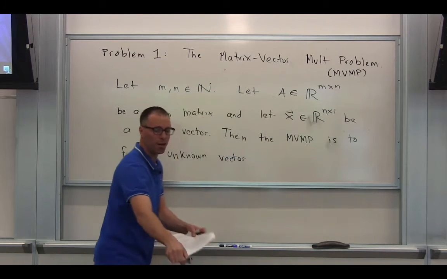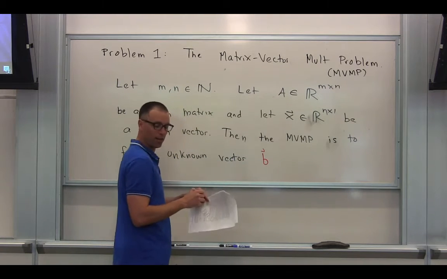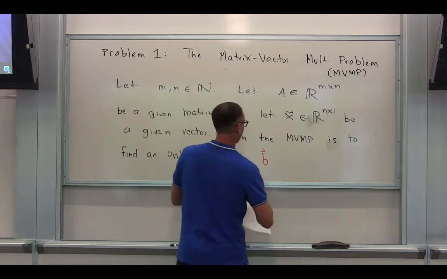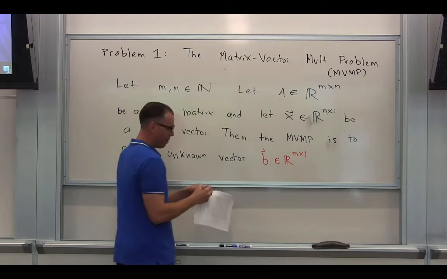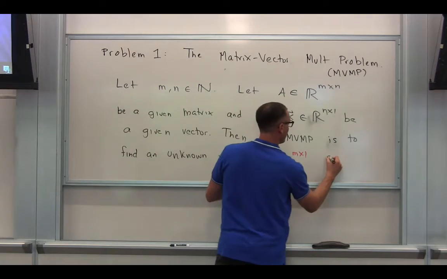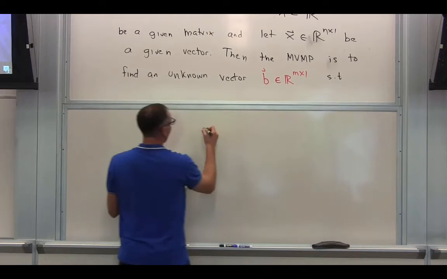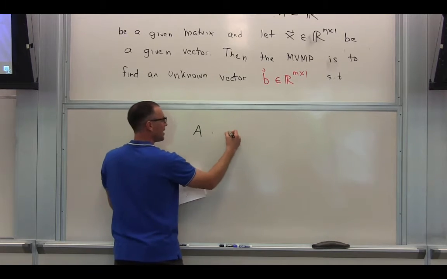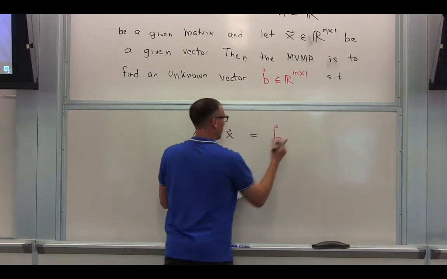And anytime I'm going to do unknown, I'm going to switch over to the color red. Brought to you by the color red. In m by 1, such that A times x equals b. Okay?